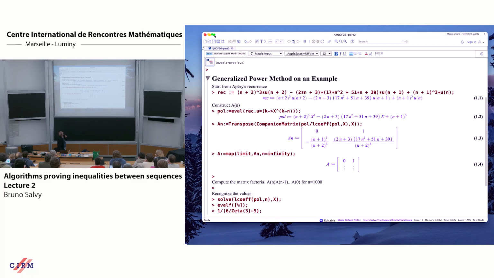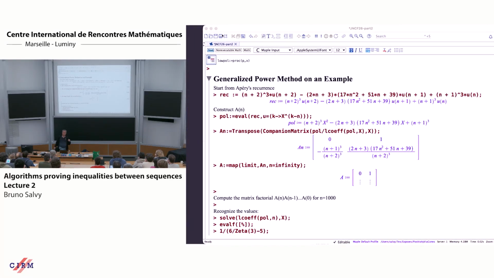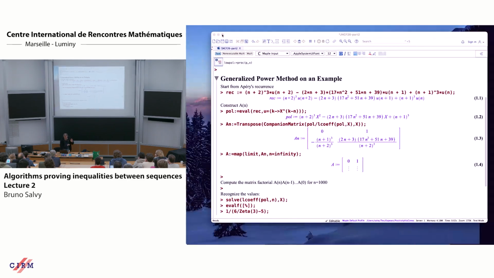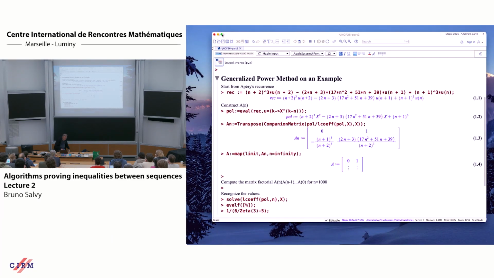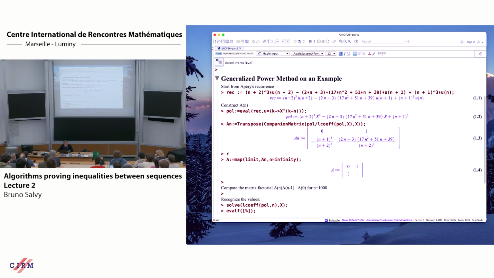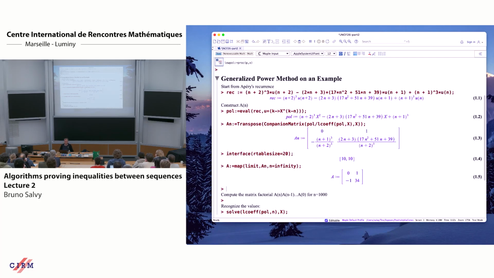If it doesn't work, it doesn't matter. Oh, and now I've lost this one. Okay. Good idea. Let me try this. There is this very natural command.